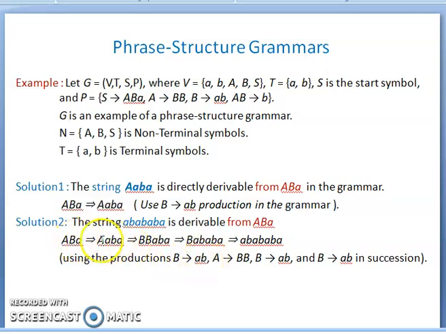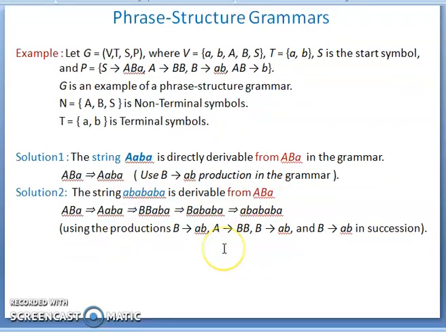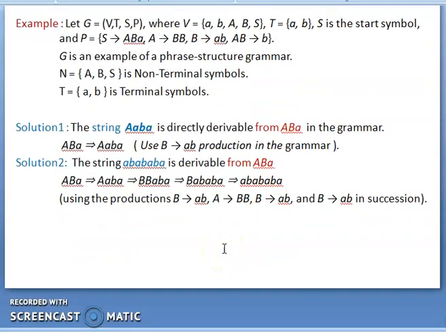And then instead of A, you substitute two B's. And instead of one B, you substitute one ab. And instead of the last B, you substitute. These are the four successive productions we are using to derive this particular string from this particular string. Right? This is one phrase structure grammar example.